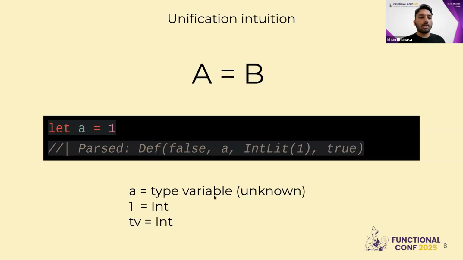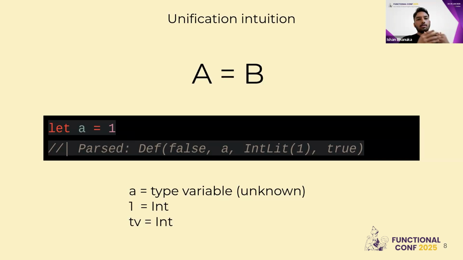So I give it an unknown type, a fill in the blank, and I call it a type variable. And when I see 1, I know that 1 is an integer literal, and I can give it the type integer. But when I actually assign 1 to the variable A, then I can say that the type variable for A is equal to integer. And that's how unification works.